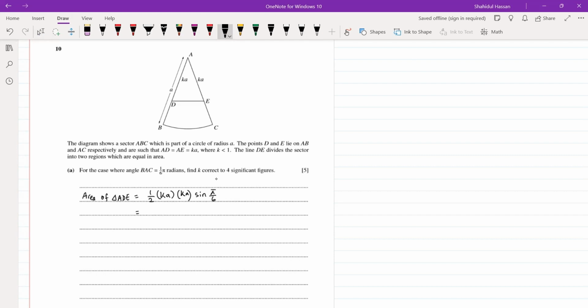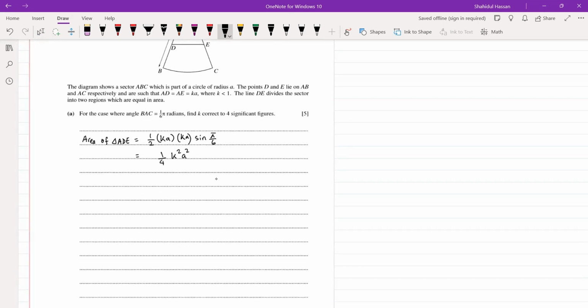So this is equal to sine pi over 6 in radians, that's half multiplied by another half, which is 1 by 4. So we can write here 1 by 4 k squared a squared. So this is the area of triangle ADE from a conventional approach.